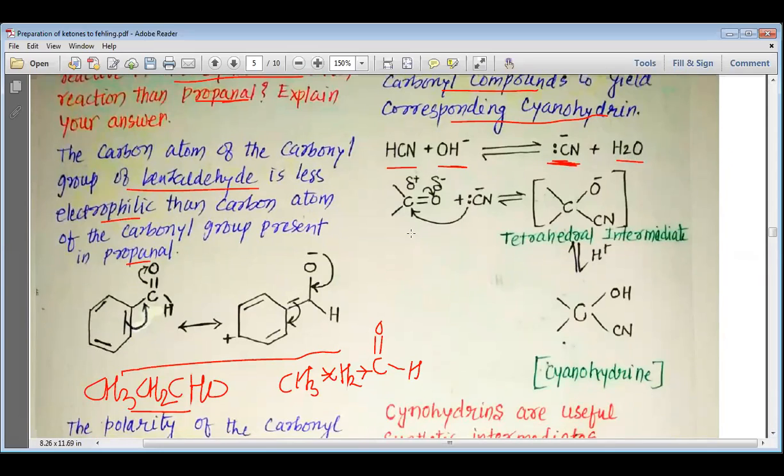This cyanide ion attacks the carbonyl carbon. Why does it attack the carbonyl carbon? Because carbon has a slightly positive charge, and thus it produces the tetrahedral intermediate. In the presence of H plus, this tetrahedral intermediate turns into a compound that contains both CN group and OH group, which is collectively known as a cyanohydrin.